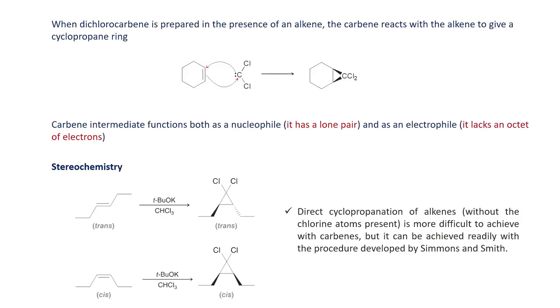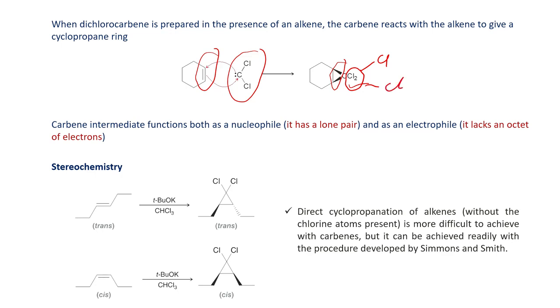When dichlorocarbene reacts with this double bond, it will give you this cyclopropyl structure with a dichloro group present on it. This is the drawback of the reaction with dichlorocarbene, because you get a cyclopropyl structure but it remains substituted, as the chlorine groups remain in this system.